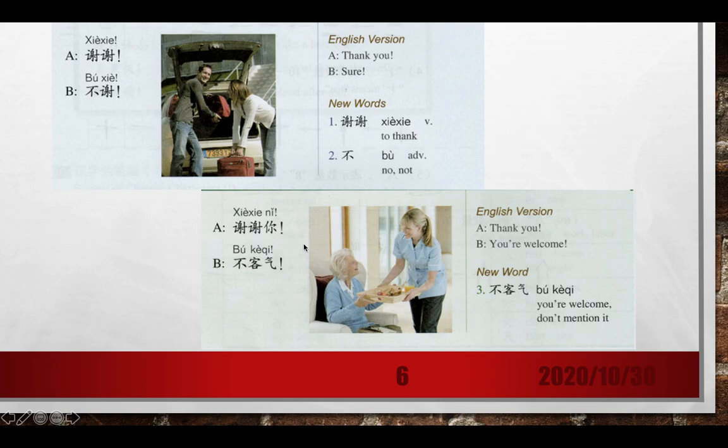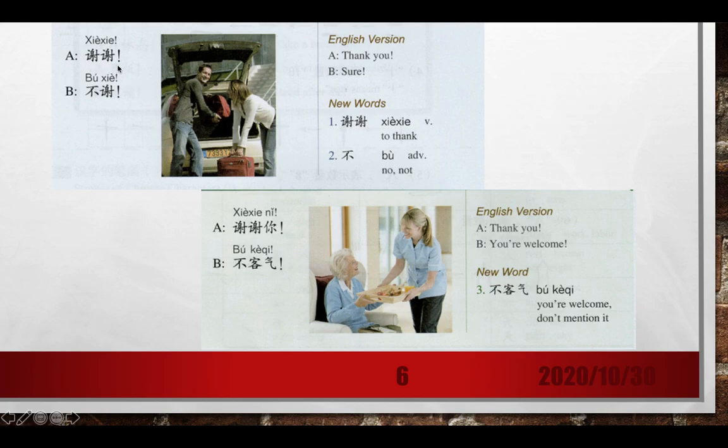Or we want to say 谢谢你. Thank you. And the answer, you're welcome, we could also say 不客气. So we have two methods to say thank you: 谢谢 or 谢谢你, or 谢谢你们. 谢谢你们 means you want to thank more than one person.